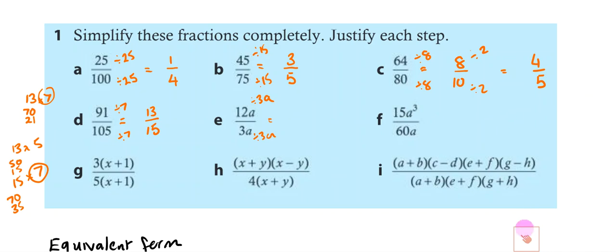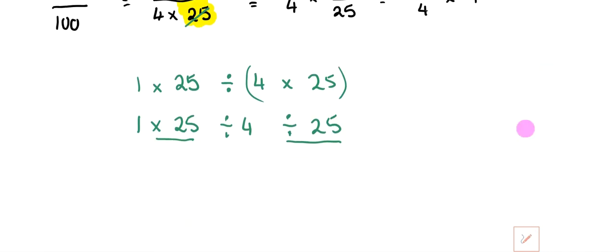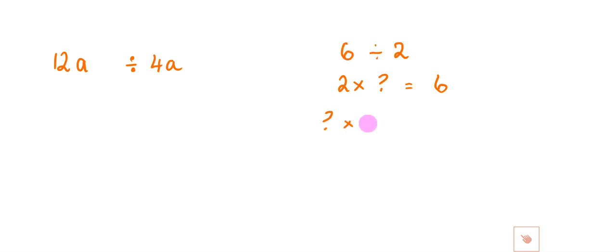So let me just write this out here, just so we've got this as a note as well. If I've got 12a and I divide that by 4a, if I say 6 divided by 2, another option is to say 2 times what makes 6? So I've got to split the 6 into something times 2.